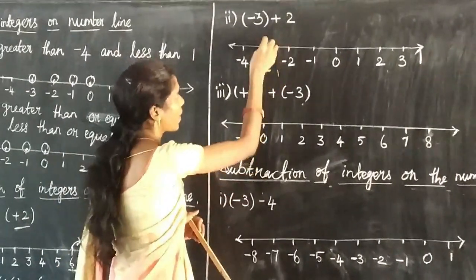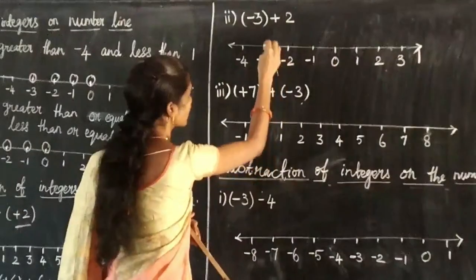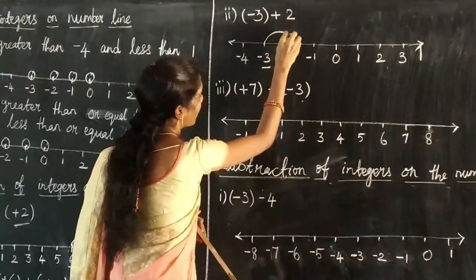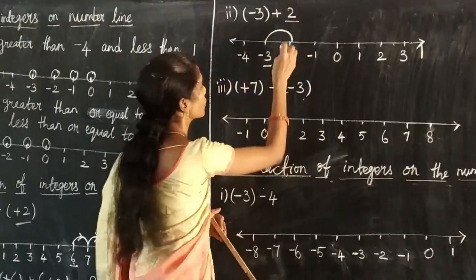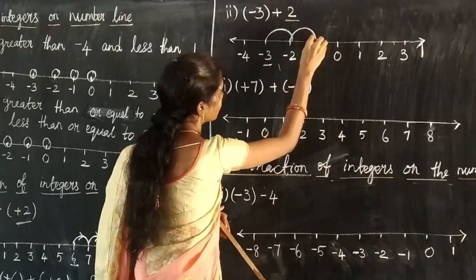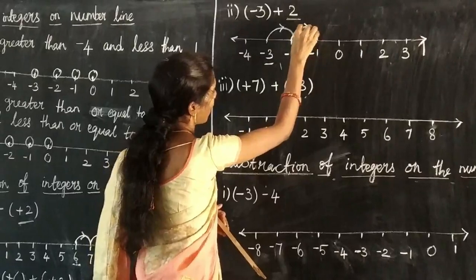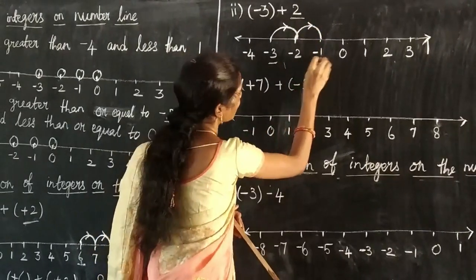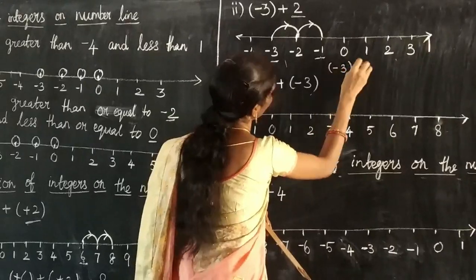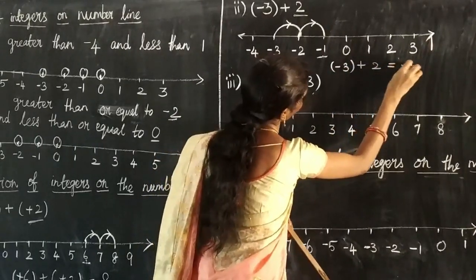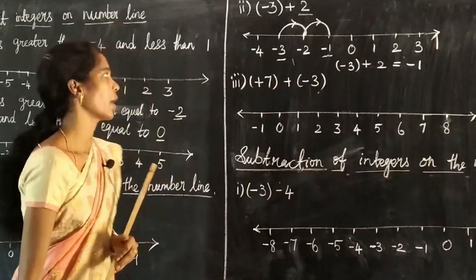We start at -3 and move to the right side. How many units do we have to move? 2 units. So, 1, 2. Right side we have to move. Okay. So, the number we are getting is -1. So, -3 plus 2 equals -1.